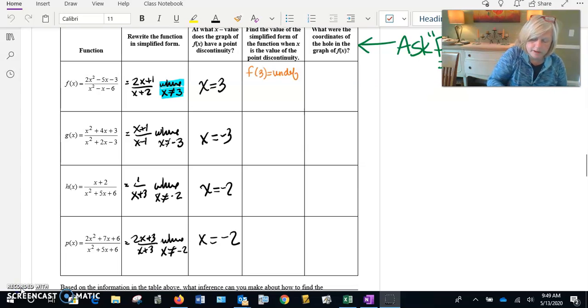But then when I go to plug it into the reduced version, f reduced at 3, we can actually plug that in. If I plug in 3 into here, you're going to get 6 plus 1, 7, over 3 plus 2, 5. You're going to get 7/5.